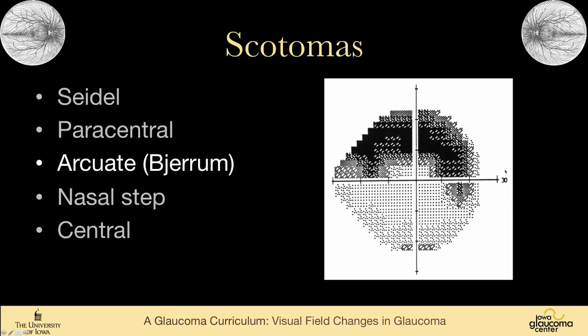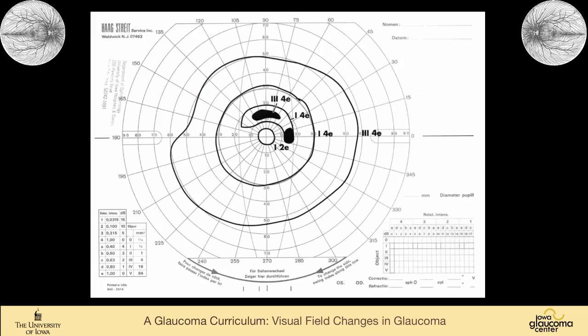Arcuate defects tend to extend around the central field in this so-called germ area. And here on a manual kinetic field showing the same thing. And again, you look at that and you can make yourself imagine the nerve fiber layer pattern.